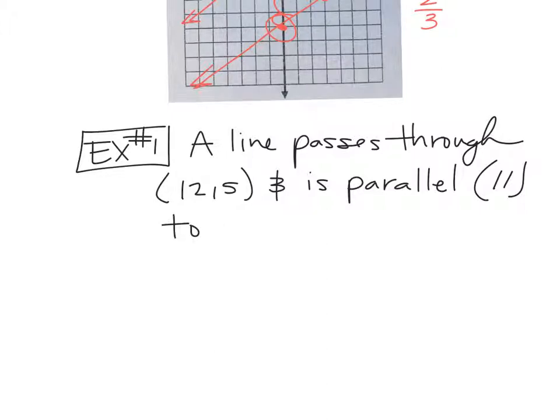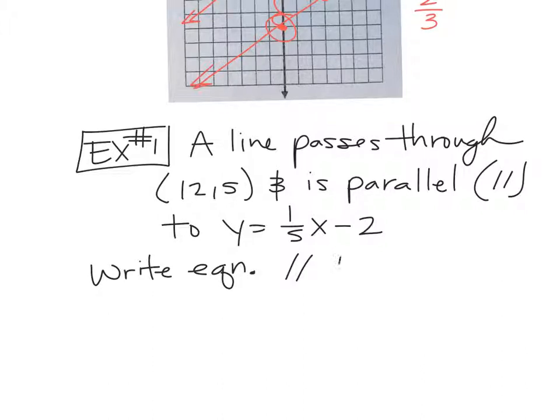Is parallel to this equation, y equals 1/5 x minus 2, okay? I want the equation for a line parallel to that. So we're going to write the equation. EQN is my version of equation of the line parallel to this line. Okay. So it says it has to go through this point and be parallel to this.